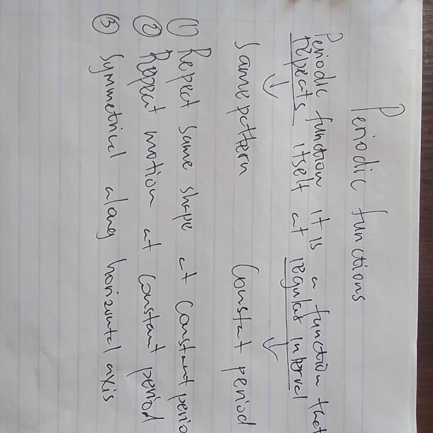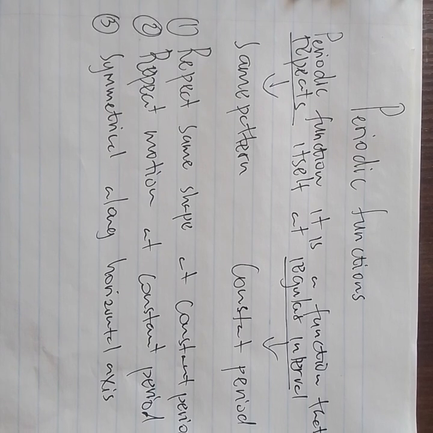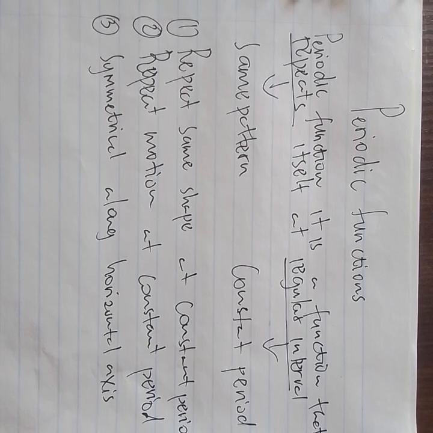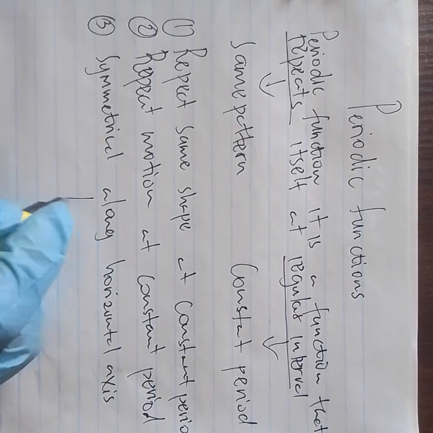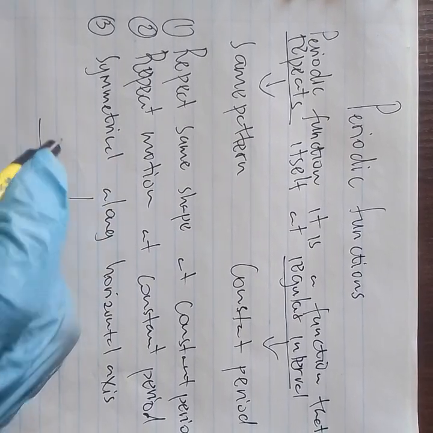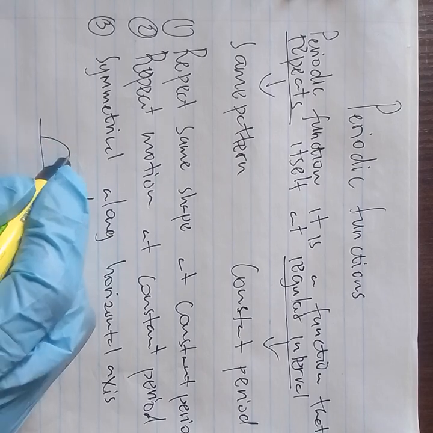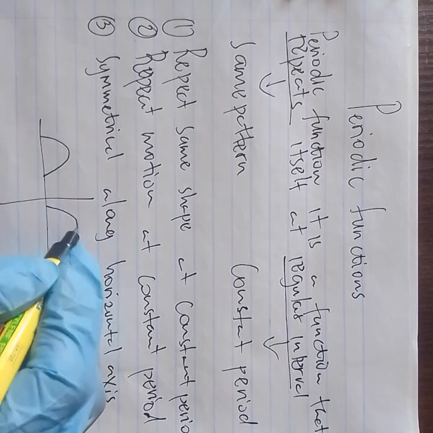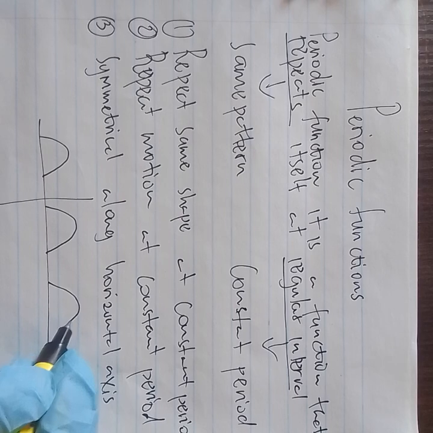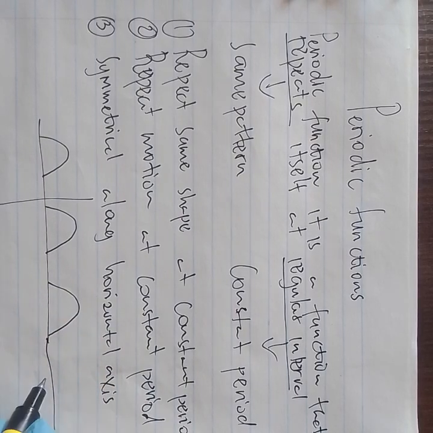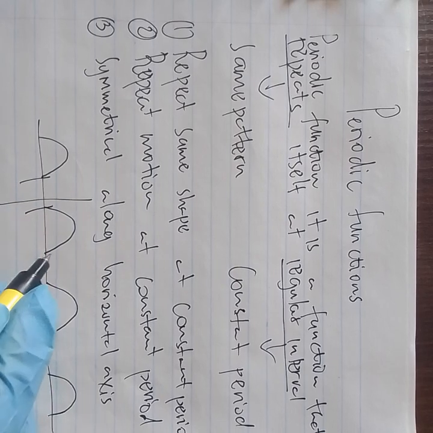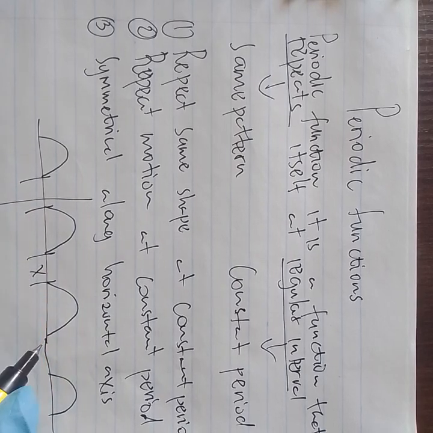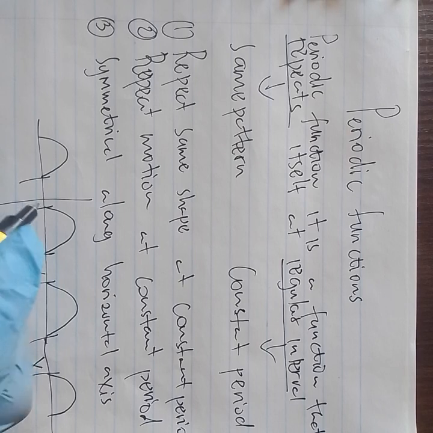Let us make an example. We said that if it repeats the same shape at a constant period, it is a periodic function. What does this mean? Let's say we have a function which repeats the same shape, and the period here is the same.